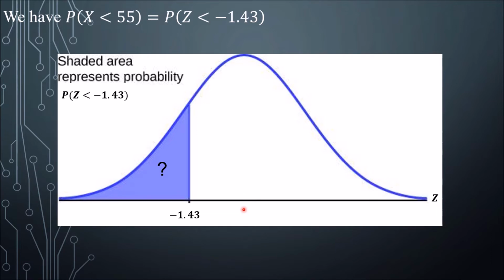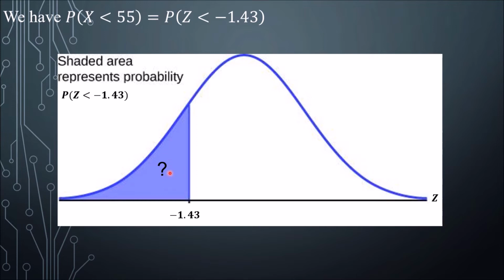So the left side of that mean is negative 1.43, and less than negative 1.43 is this shaded part. So the probability is the area of this shaded part. The problem is to find the area of this shaded part.